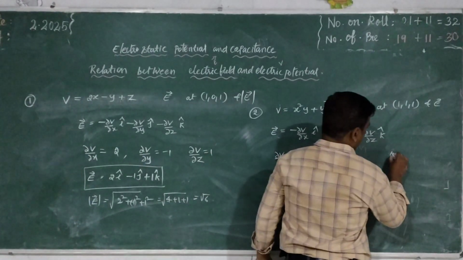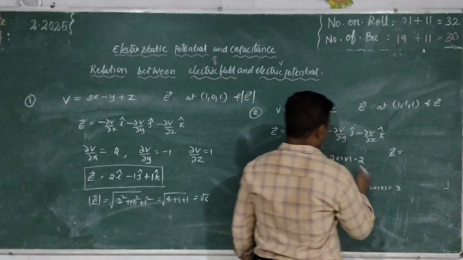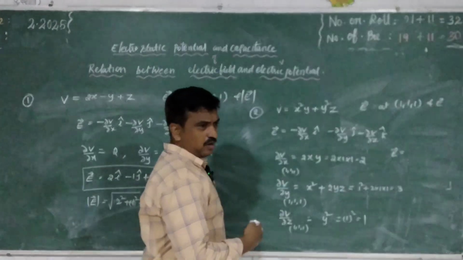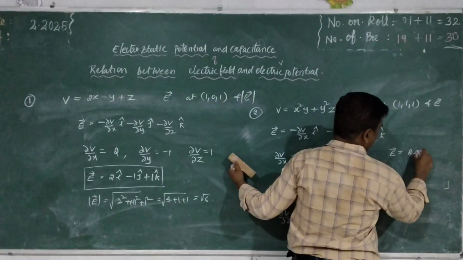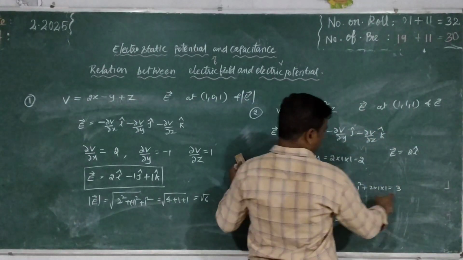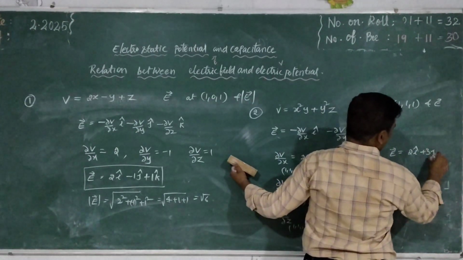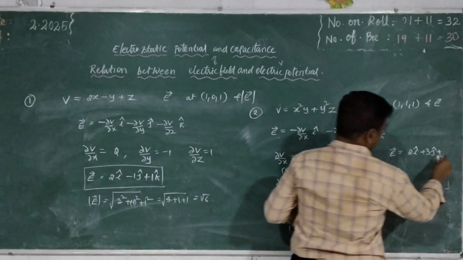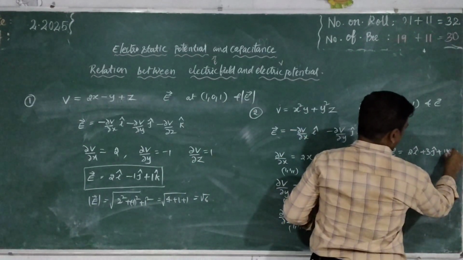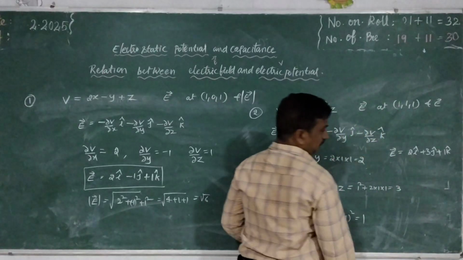The electric field equals minus of, there is no need to write it right now, the common sign we take out. So we get 2 i cap, dou V by dou y is 3, so 3 j cap, dou V by dou z is 1, so 1 k cap. This is the electric field.